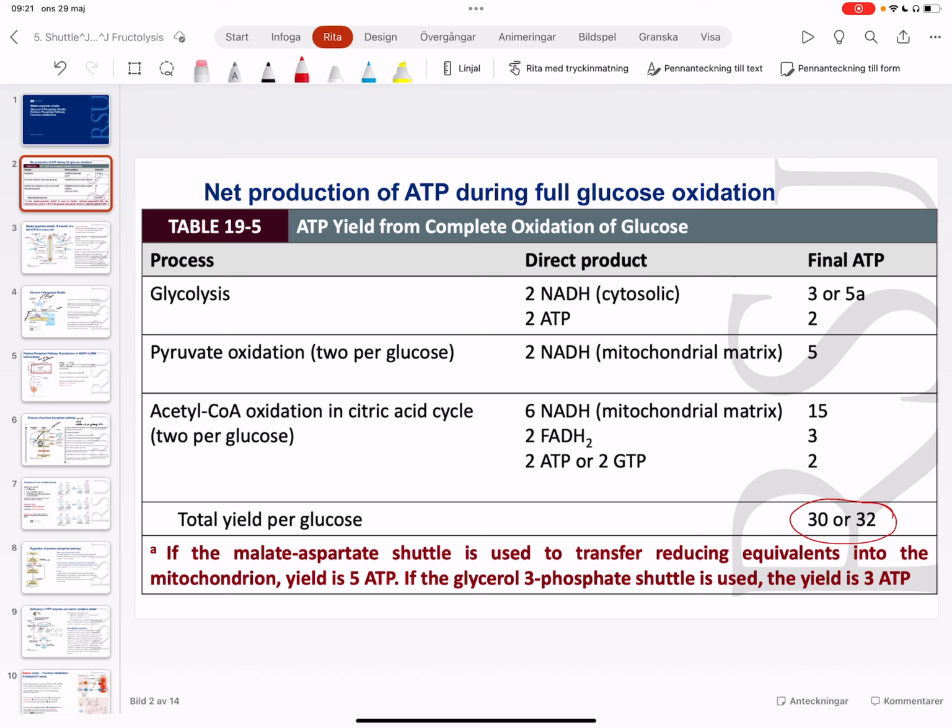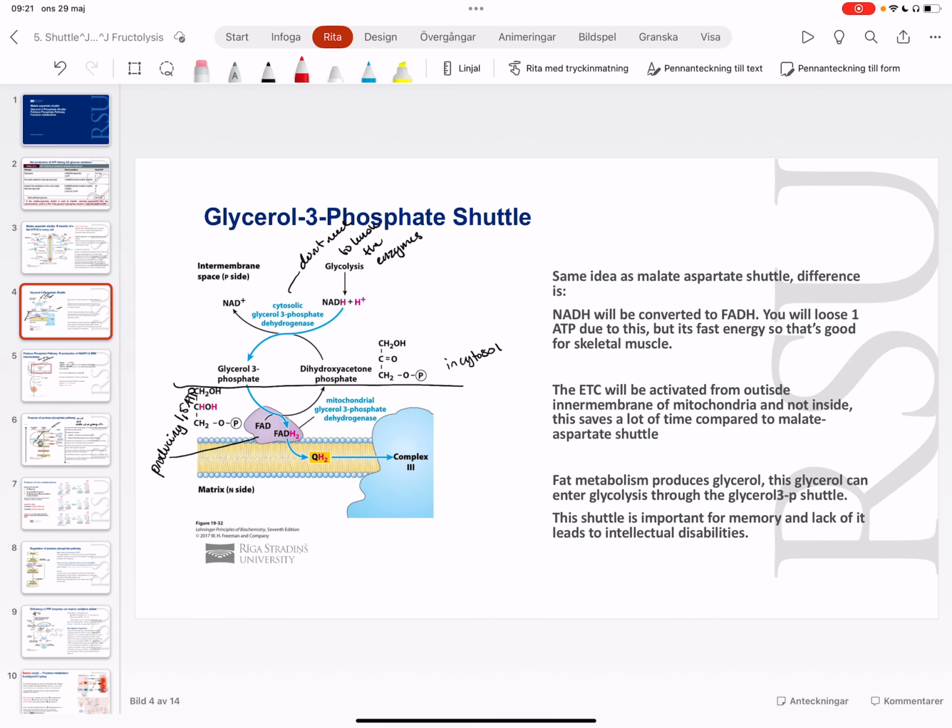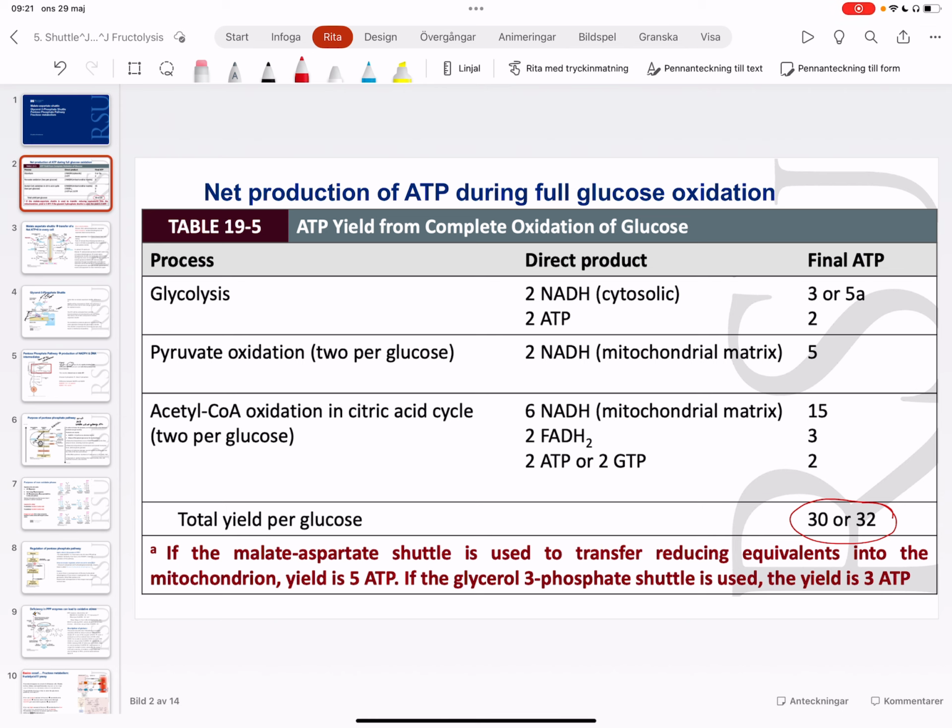And if we get 30 or 32 ATP depends on which of these shuttles, on which of these mechanisms will transport NADHs through the inner membrane of the mitochondria.